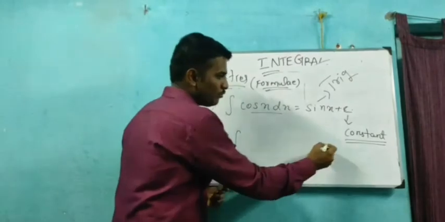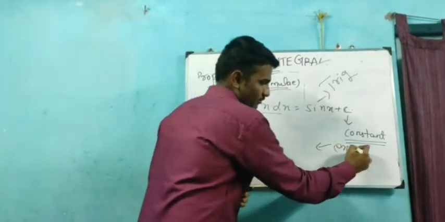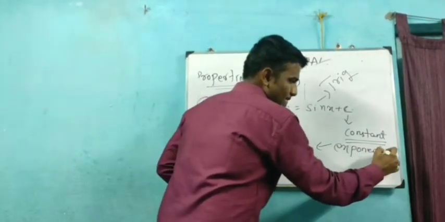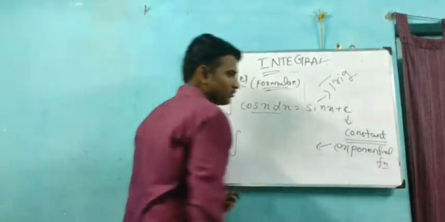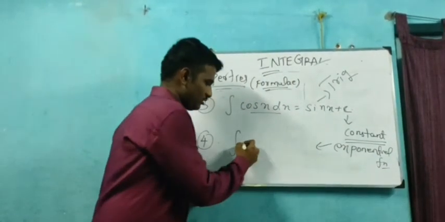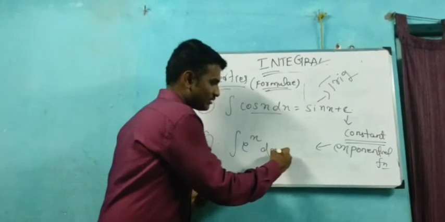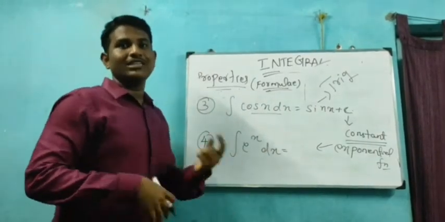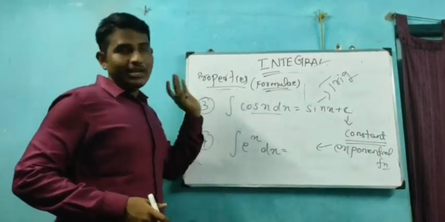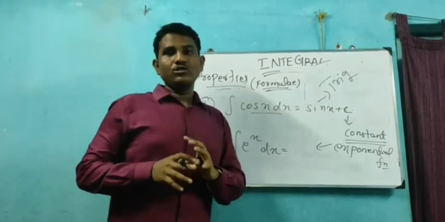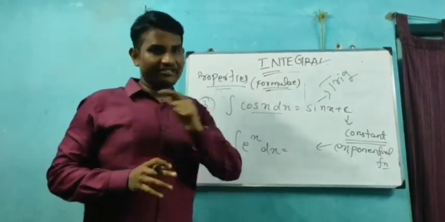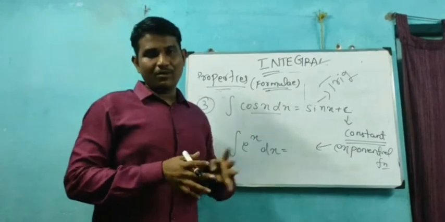Then let's move to the exponential function. So the integral of e power x dx. I think you are studying integration, right? So obviously you have to know the basic knowledge of differentiation. What is the differentiation of e power x?